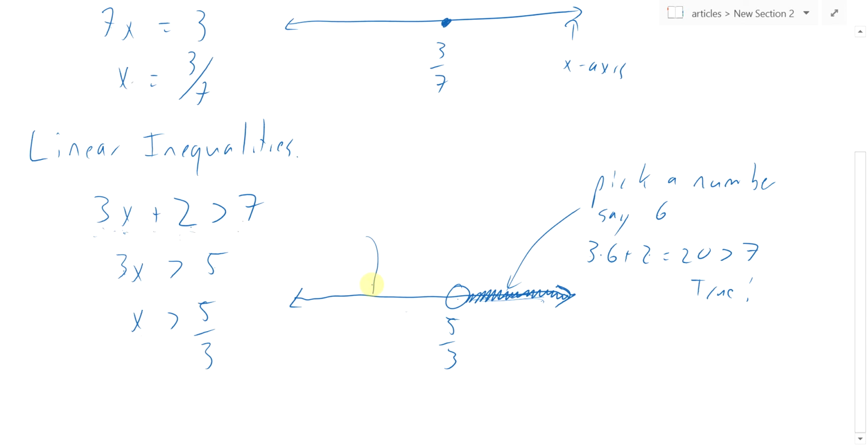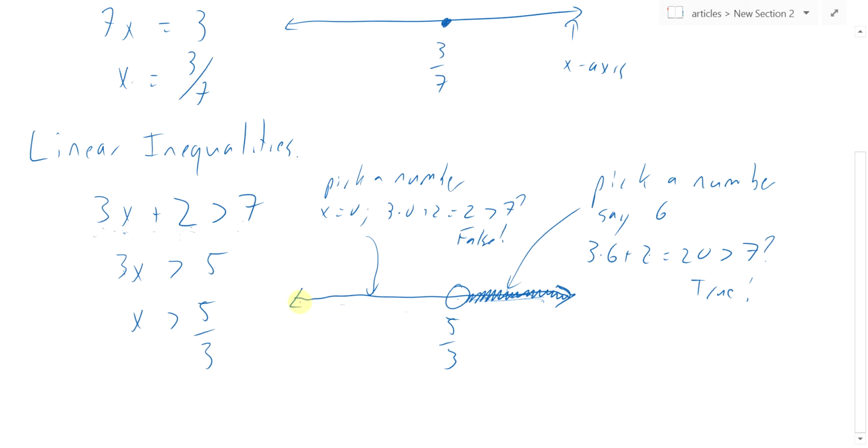If I take any number over here, on the other hand, on the left side, that's not shaded in, say, well, 0. 3 times 0 plus 2 equals 2. Bigger than 7? False. Right? I'll put a little question mark.